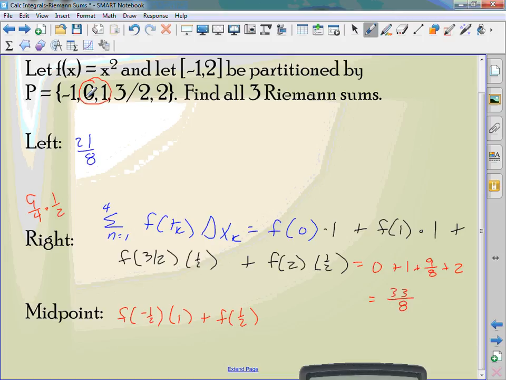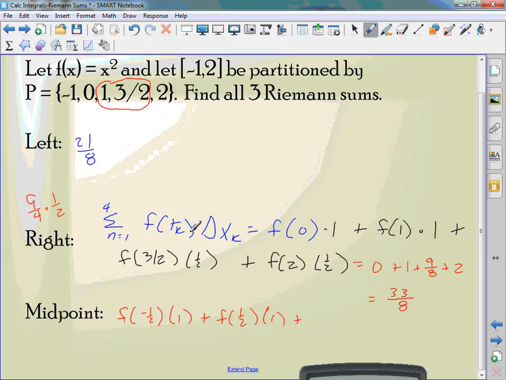You want to find the midpoint. You're finding the midpoint between these pairings and the distance between them. So that one's 1 plus the next pairing. So 1 plus 1.5 gets me 2.5.